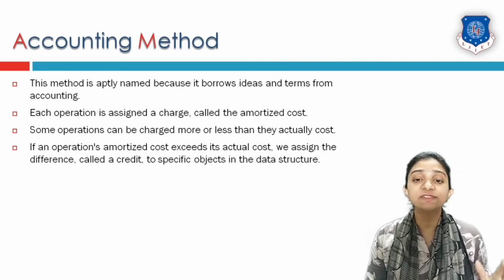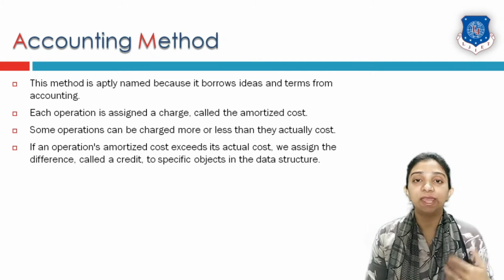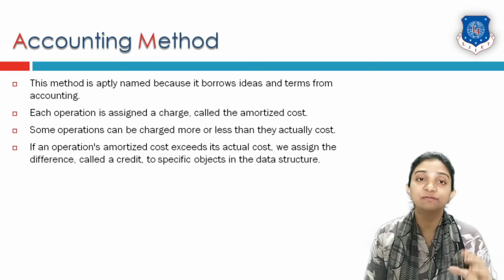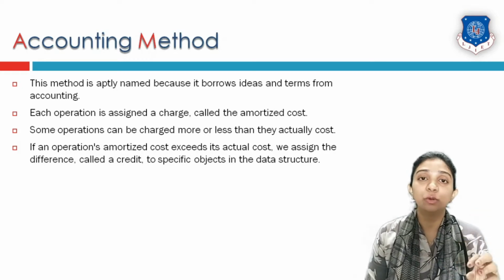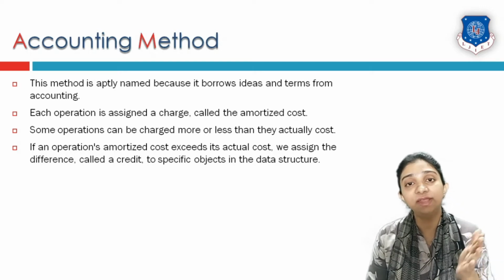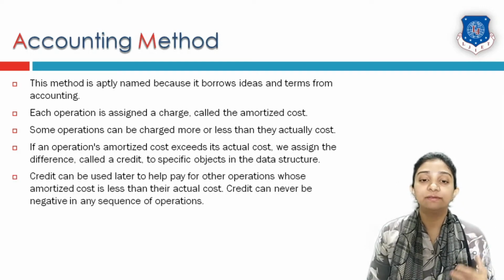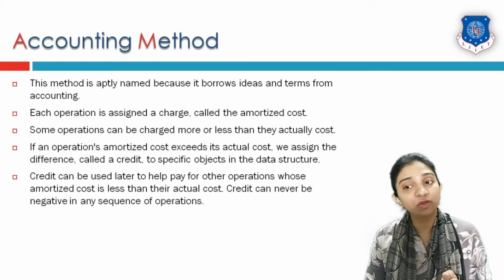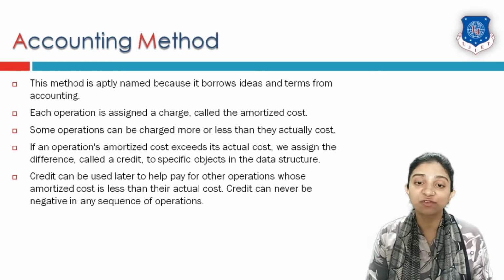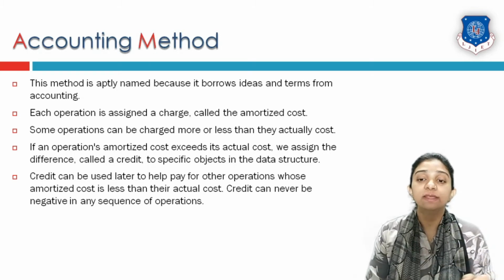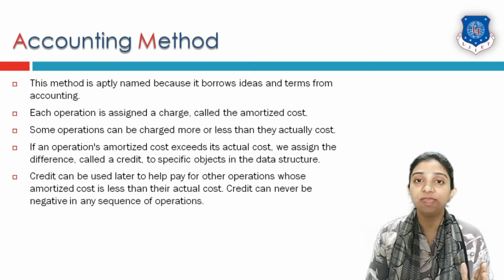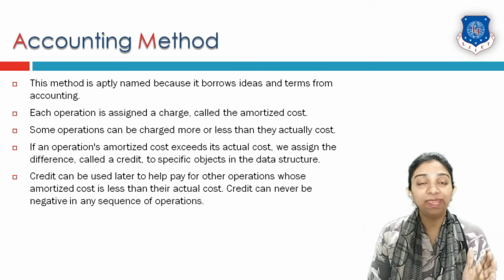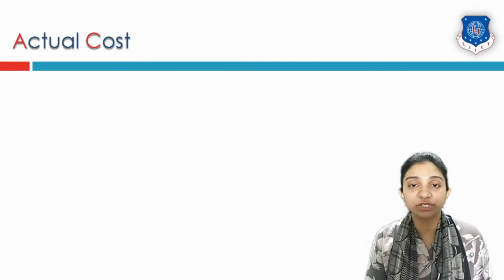When the operation's amortized cost exceeds its actual cost, we assign the difference, which is called credit, to a specific object in the data structure. This credit can be used later to pay for those operations whose amortized cost is lesser than the actual cost of the operation. Credit can never be negative in any sequence of operations.